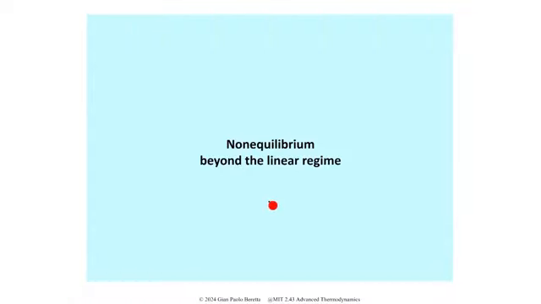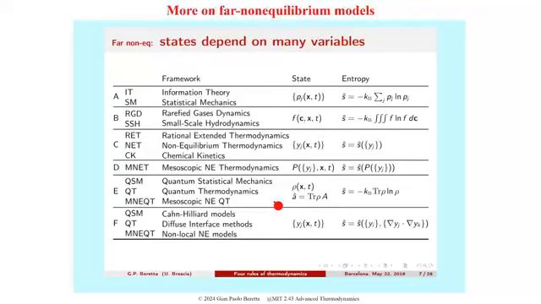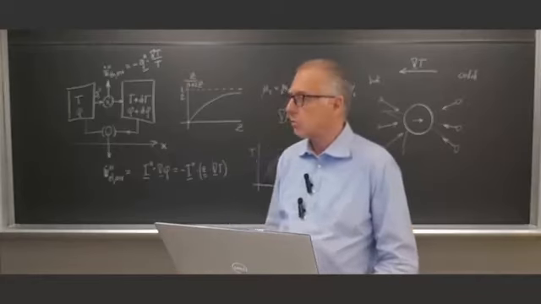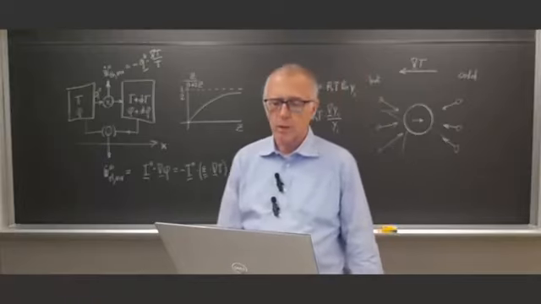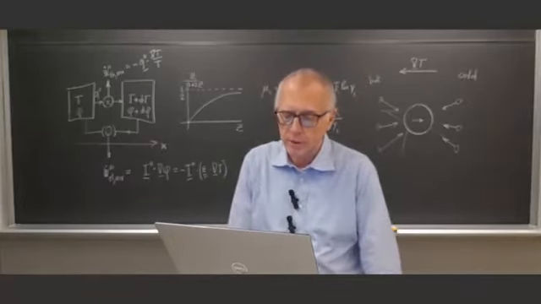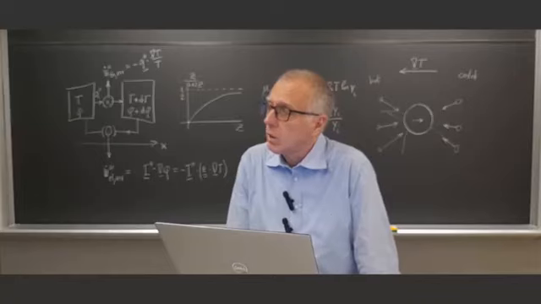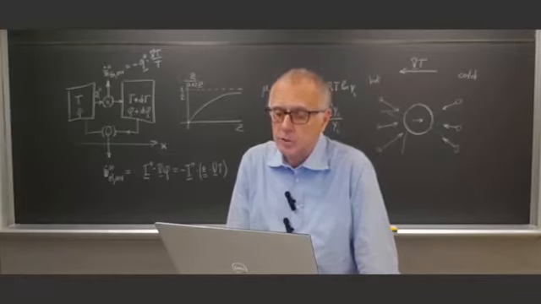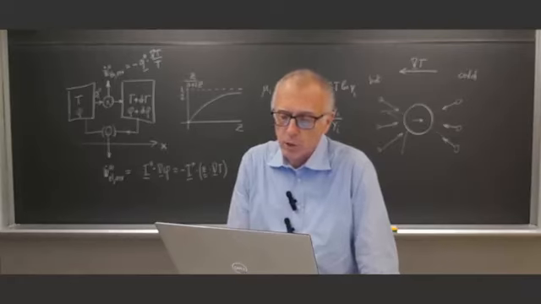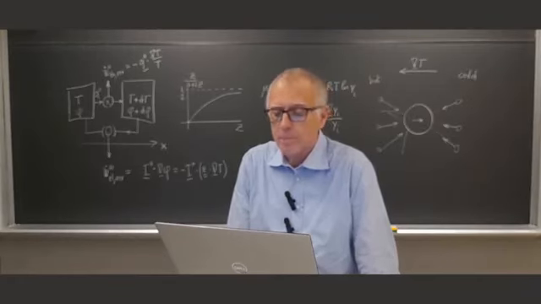Now, of course, we are at the end of the course, so I'm not covering anything more, but I want to mention that there are many other directions in which you could go in the field of thermodynamics, which is related to the general principles that we have developed, but perhaps not the detailed models.